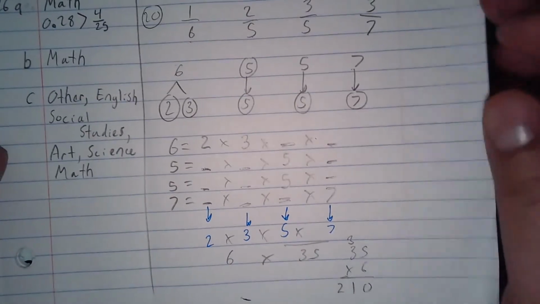All this work. Okay, I'm going to rewrite the fractions just to see what I'm doing. 1/6, 2/5, 3/5, and 3/7. Okay.